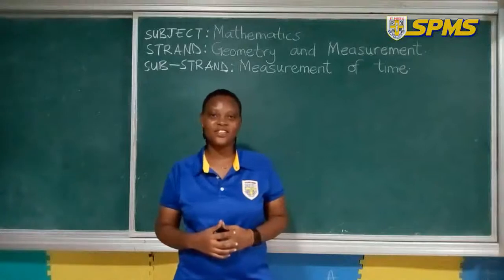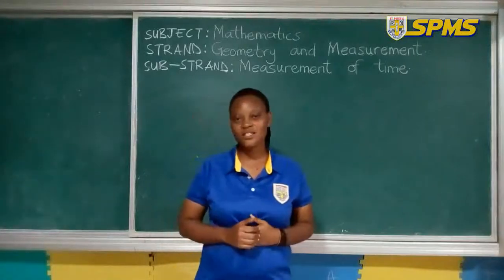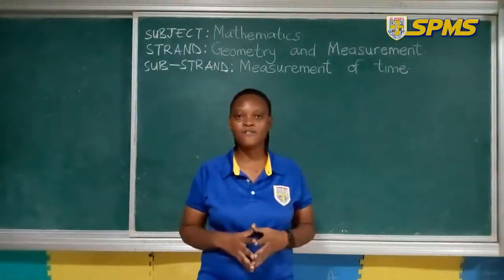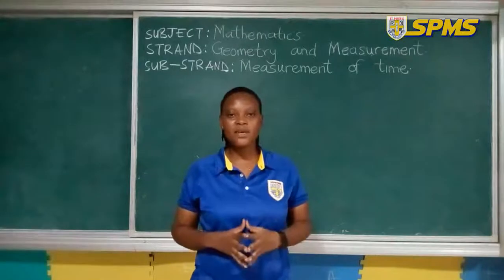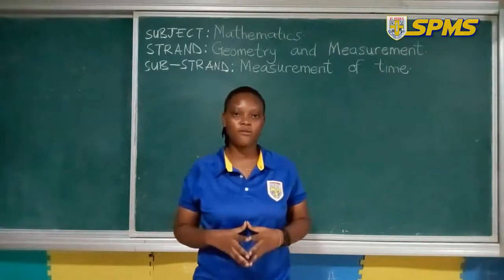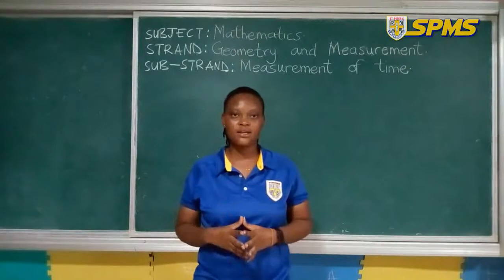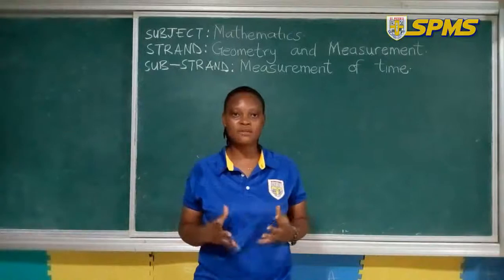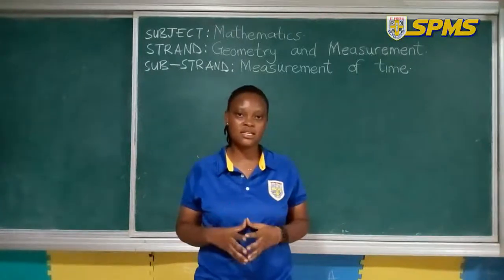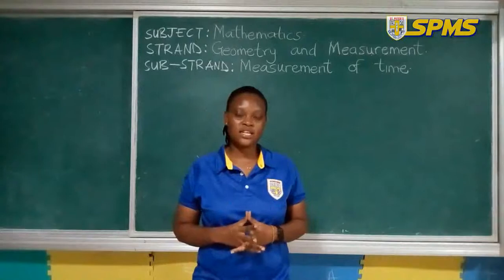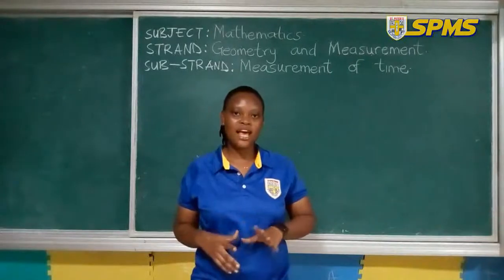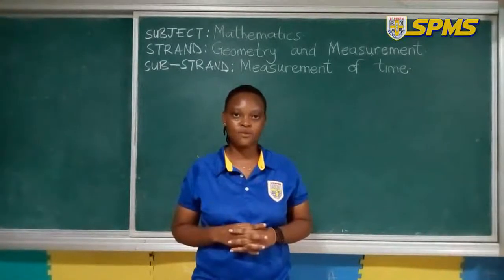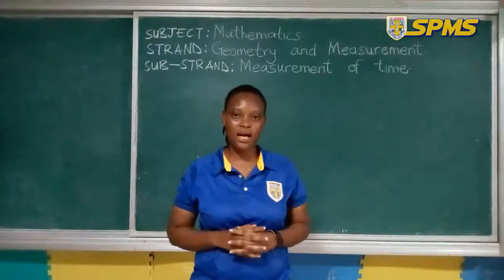Okay, children. So today, what have we learned? We were able to tell the time by half past. So when the minute hand moves from 12 to 6, we can say that we have made 30 minutes out of the 60 minutes, which tells us that we have made 30 minutes past the hour, which is half past.